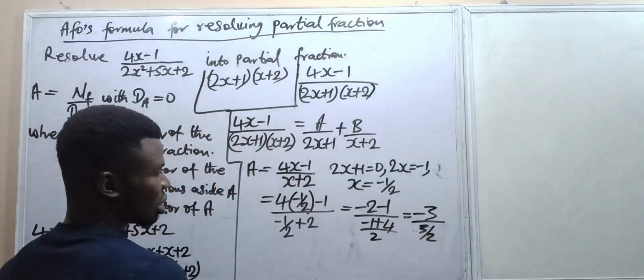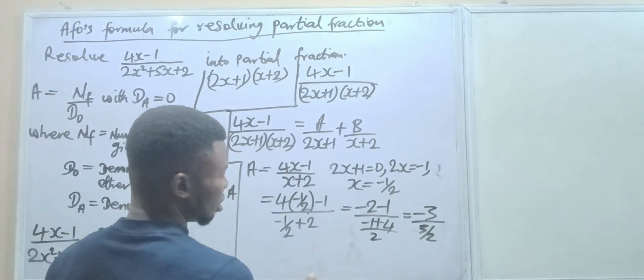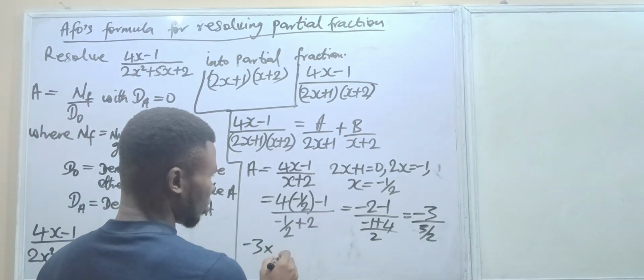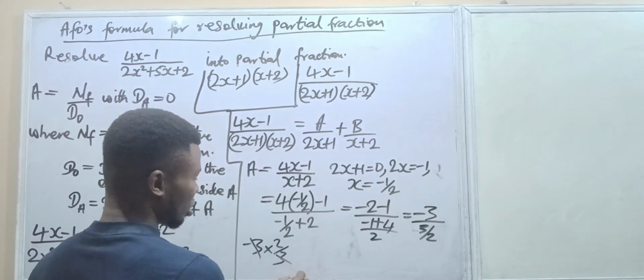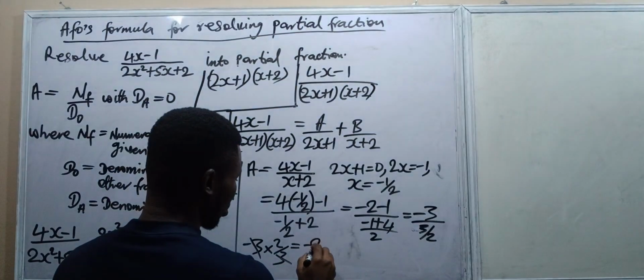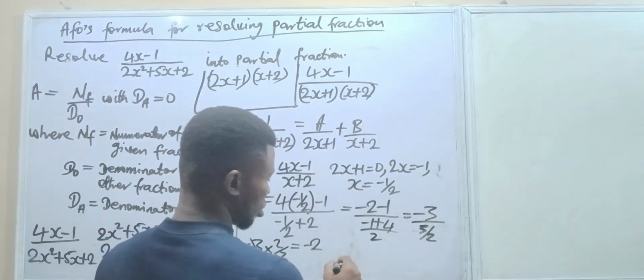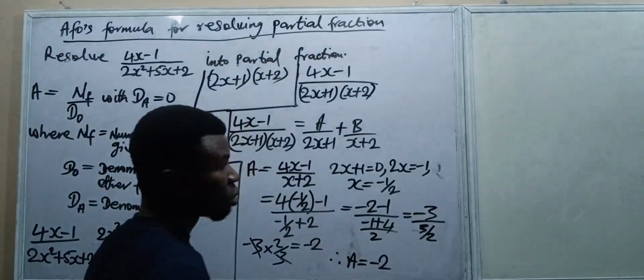On the other side, we have minus 3 multiplied by 2 over 3. We cancel, and therefore we have minus 2. Therefore, A is equal to minus 2.